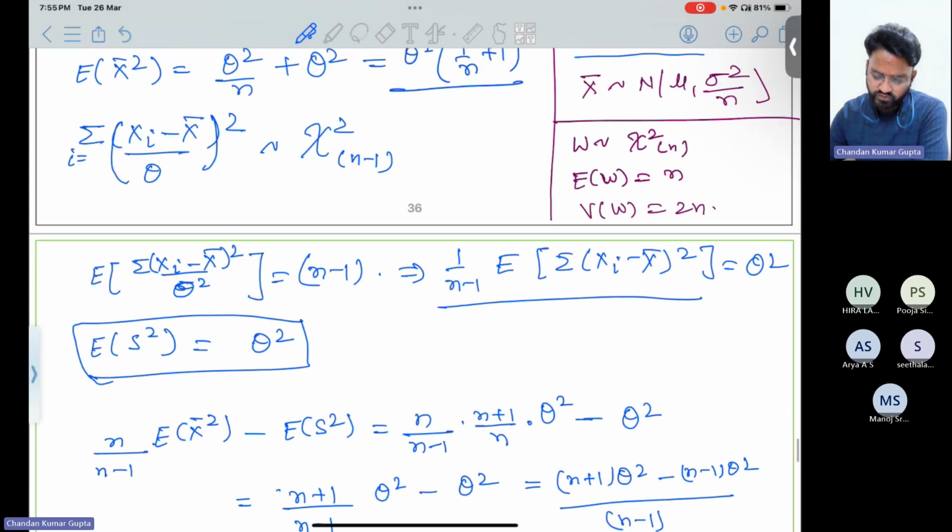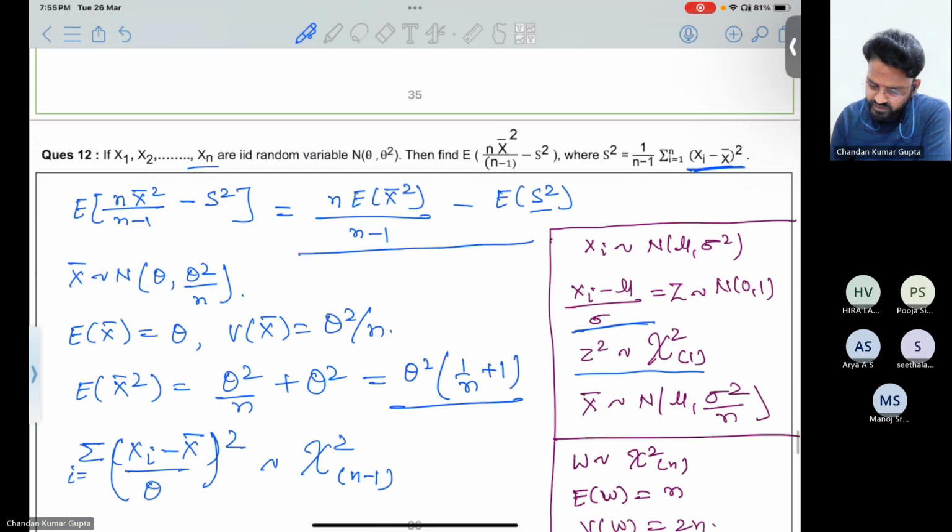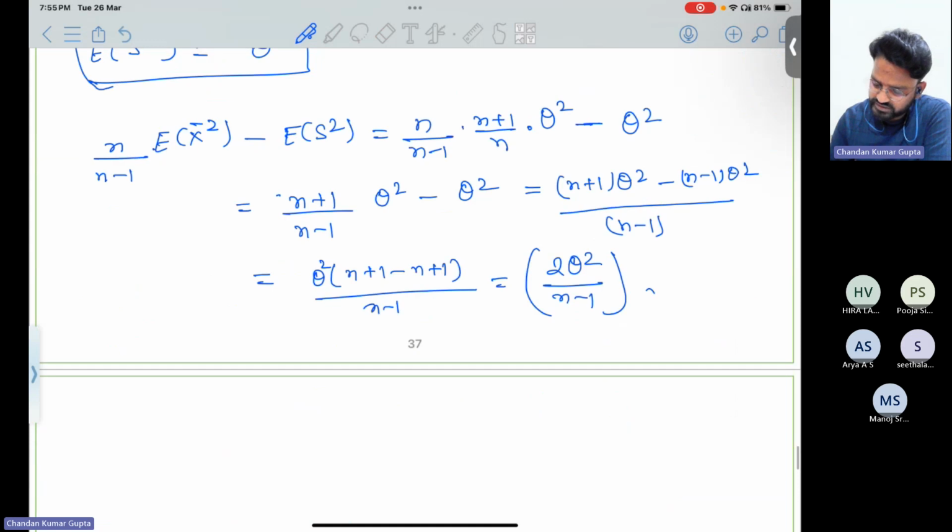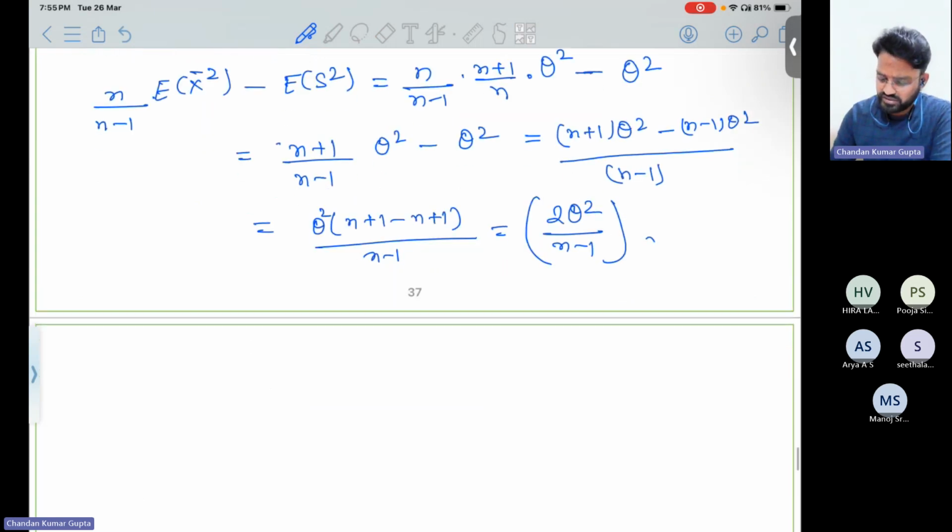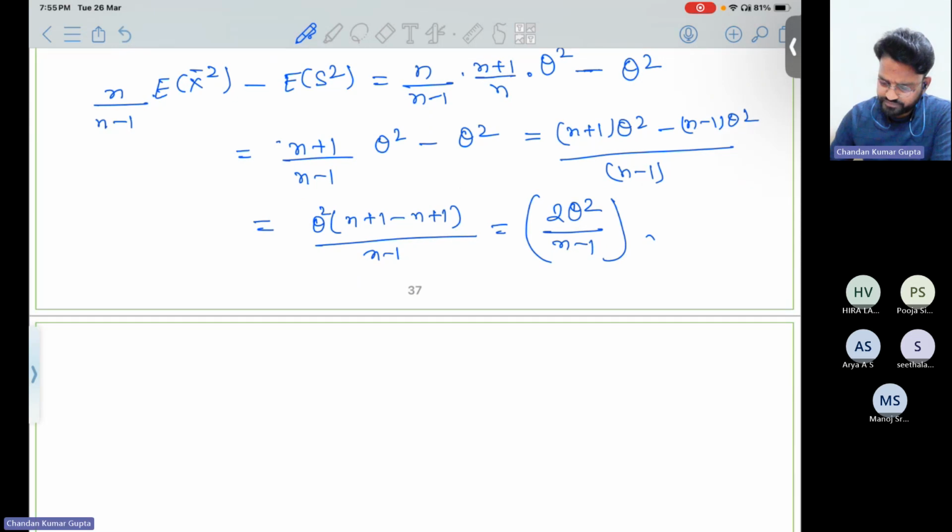So we need to calculate the value of this, and it is calculated as 2 theta square upon n minus 1. I think there is some mistake here, but you people may see.